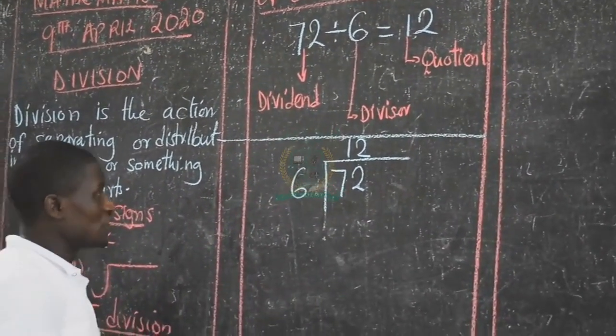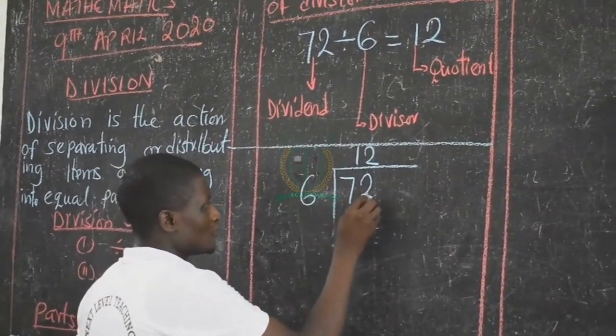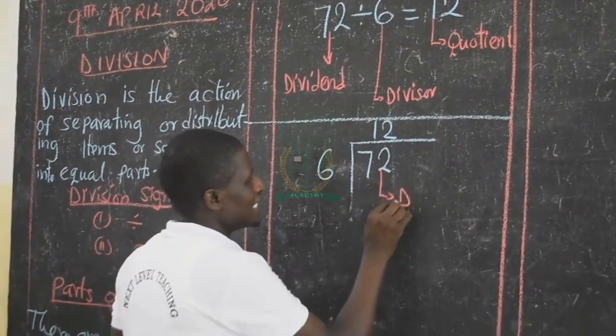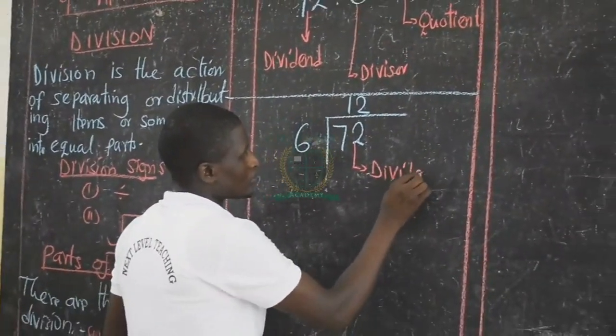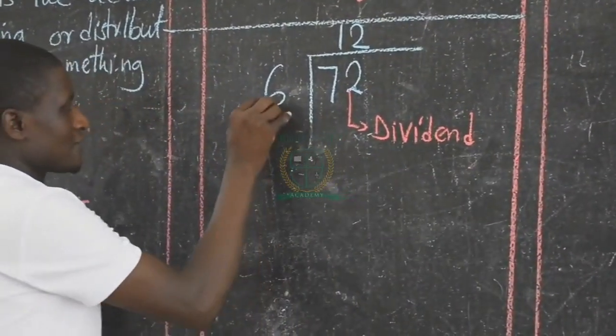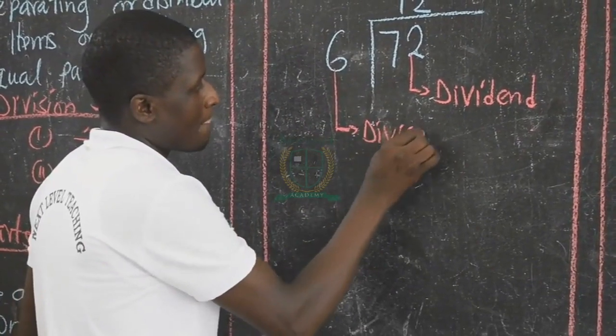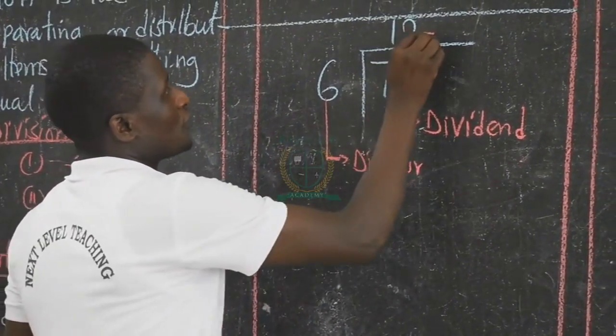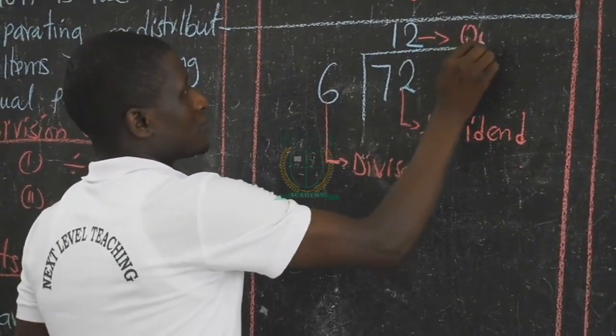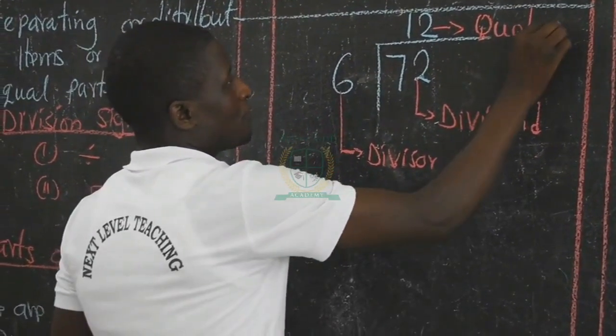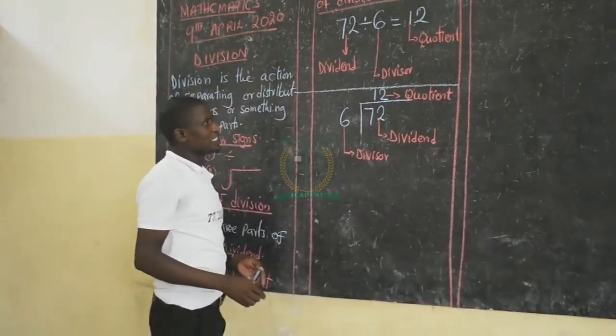Now let's see. We say that 72 is the dividend. 6 is the divisor. Then 12 is the quotient.